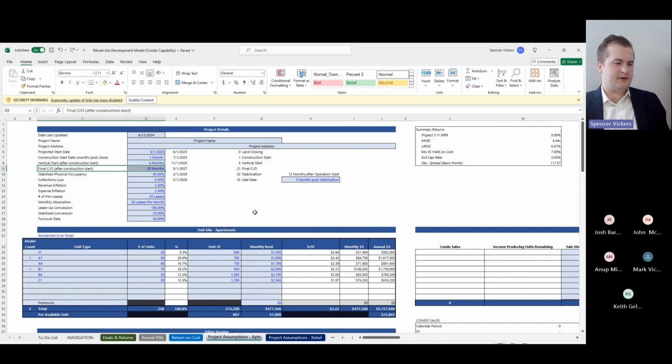So I'll probably do that later. Stabilized physical occupancy, collection loss, revenue inflation, expense inflation, number of pre-leases, monthly absorption, lease-up concession if applicable, and stabilized concession if applicable.